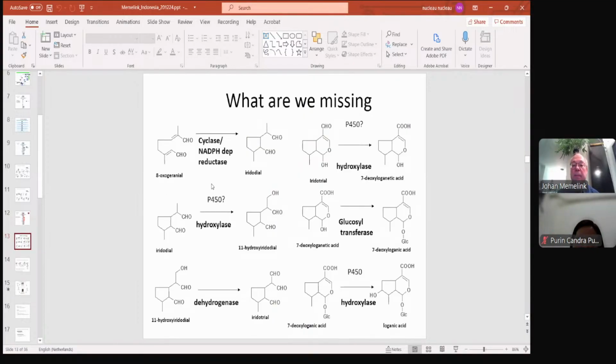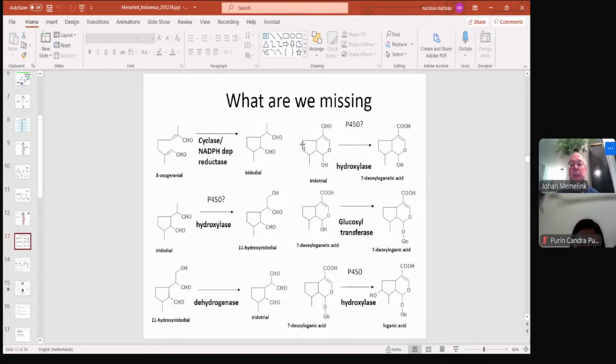Well, so looking at the chemistry again, we kind of determined what type of enzyme we are looking for. So the first step in the upper left is cyclization, and so we are looking for a cyclase, and from the enzyme chemistry that was known, we also know that the enzyme uses NADPH, so that it is an NADPH-dependent reductase.